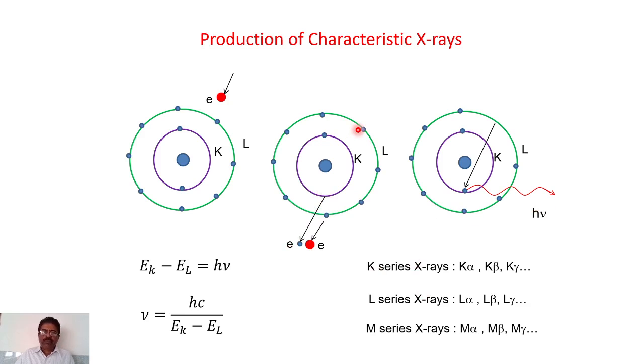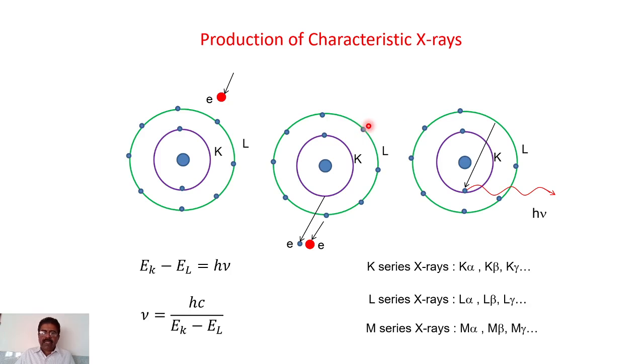Suppose now that the electron does not have sufficient energy to reach the K shell, and it strikes the electron in the L shell, and this electron is made free. Now what will happen? The electron from the outer shell, suppose the M shell, can occupy this position.